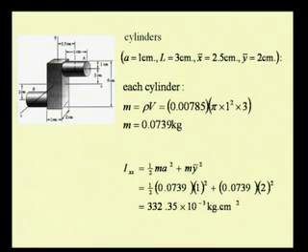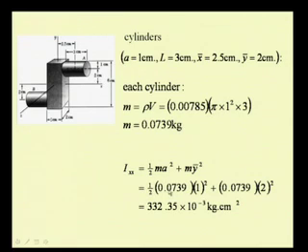We know that the second moment of the mass with respect to the cylindrical axis is half m a square, where a is the radius of the cylinder. So, this is the second moment of the mass with respect to the centroidal axis plus mass times the distance. The distance of the centroidal axis to the x axis is 2 centimeters.